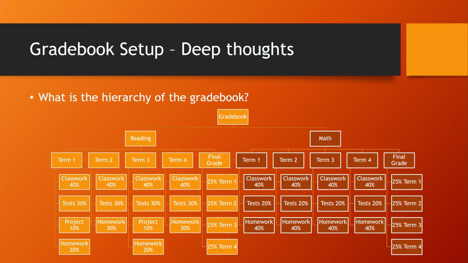So for this class, it's pretty standard across all terms, which is different than it is for reading. The takeaway for all of this is that each class has its standard set of terms, which represent the grading period. Each grading period can have its own set of categories, and those categories will then have assignments and grades. Your categories must be weighted so that they add up to 100.